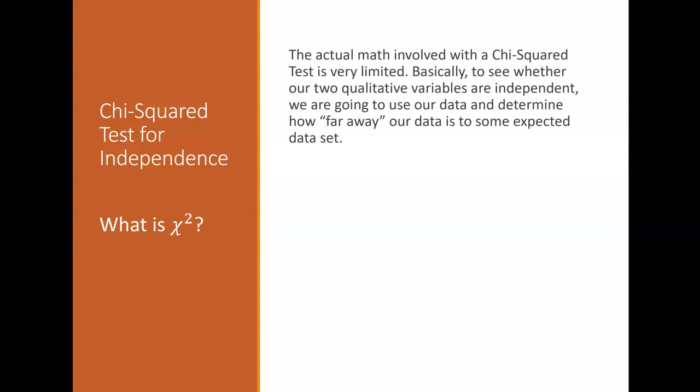The actual math involved here is pretty limited or basic. All we're going to really check is that our two qualitative variables are independent, to basically see how far away our data is from some expected data set. So it's the same idea as the goodness of fit test, but the calculation will look a little bit different because here we have two variables going on instead of just one.